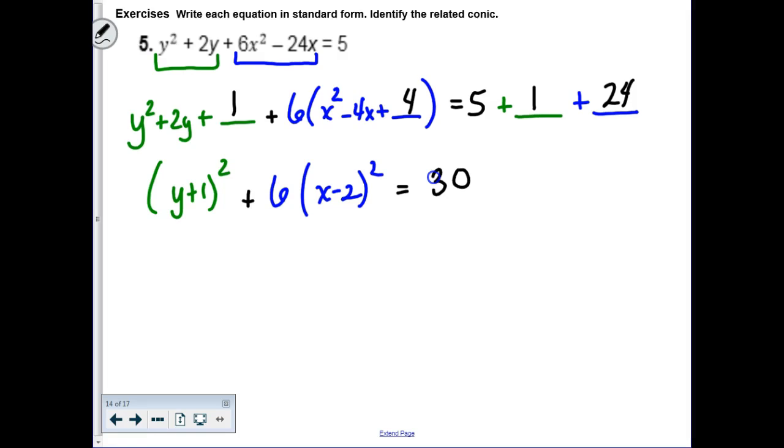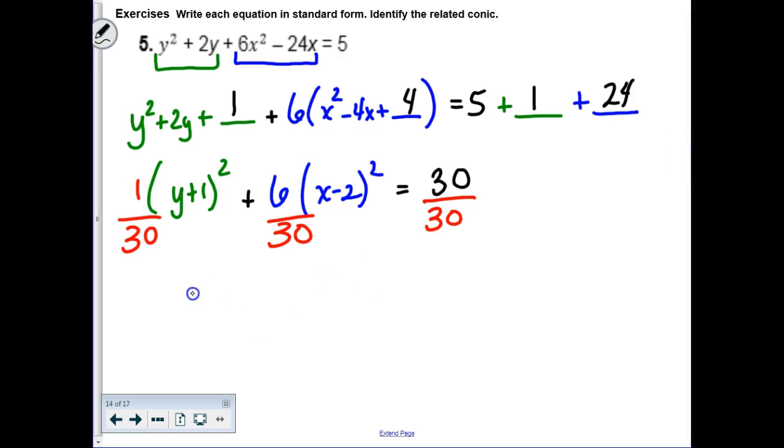So anyone developing any thoughts as to what conic we're looking at? Can't be a circle because of that 6 in front, so we must be looking at an ellipse. To get it into perfect ellipse form, you've got to divide everything by 30. Now there is technically a 1 in front of this, guys, so you can always divide by 30.